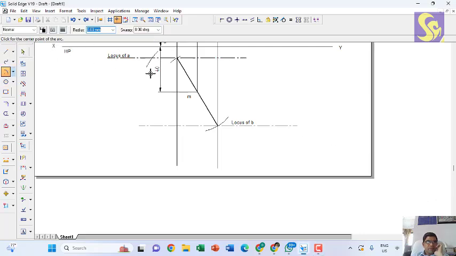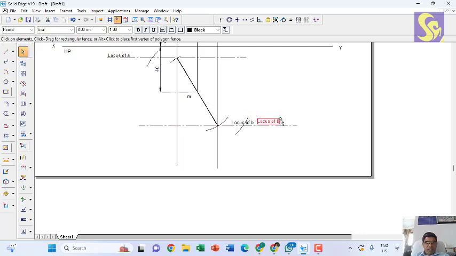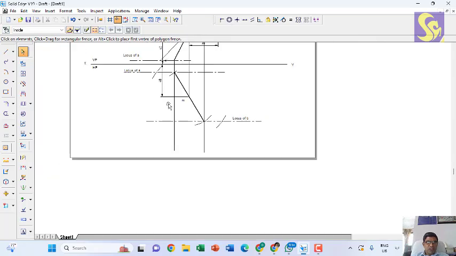Draw the arc with M as center, radius of 50. So where this is intersecting, that will be the two more true length points.